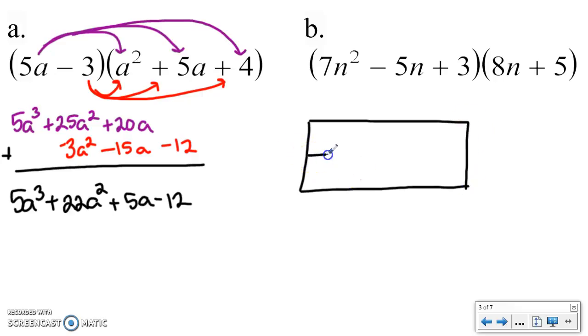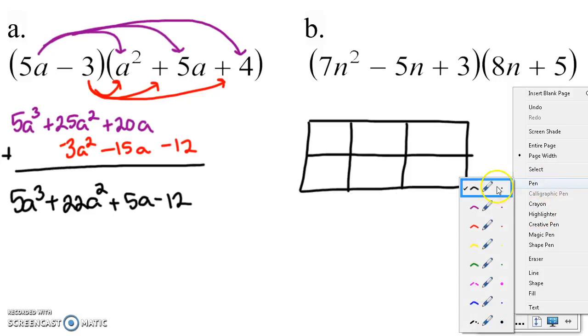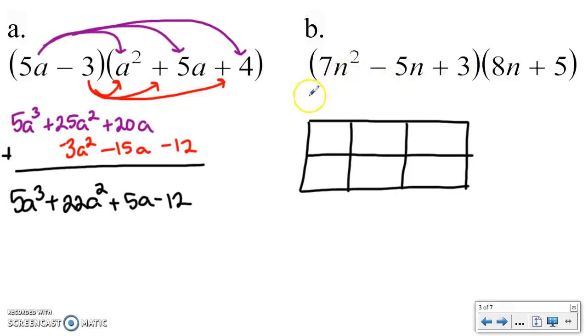Okay, so I have my box here. And because we have 3 terms in one of them and 2 in the other, I need to make it a little bit bigger. And I'm going to fill these in. Okay, since there's 3 terms going across the top, that has to go where my 3 are. And the 8n plus 5 will go on the side.